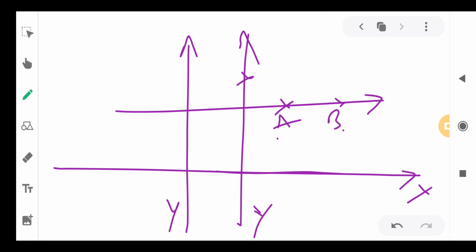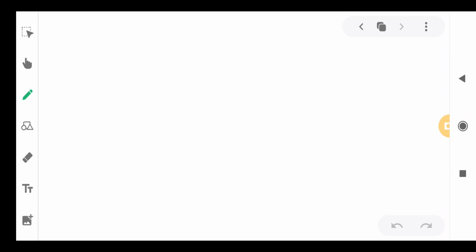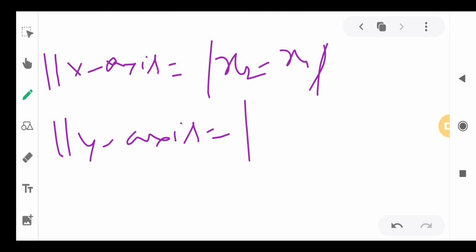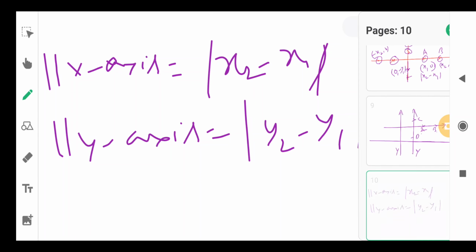Here suppose this is C and this is D. CD is y2 minus y1. So finally what we have learned is that the distance parallel to the x-axis will be modulus x2 minus x1, and parallel to the y-axis will be modulus y2 minus y1. Okay, hope understood. We'll stop here.